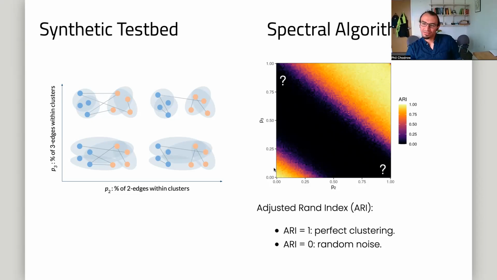A small problem, though, is that if you remember the modularity plot, there are places where the Louvain algorithm was succeeding, but this algorithm is failing. These white question marks indicate two of the places where we know it's possible to do better on this problem because the modularity algorithm does it, but this spectral algorithm is not doing it.